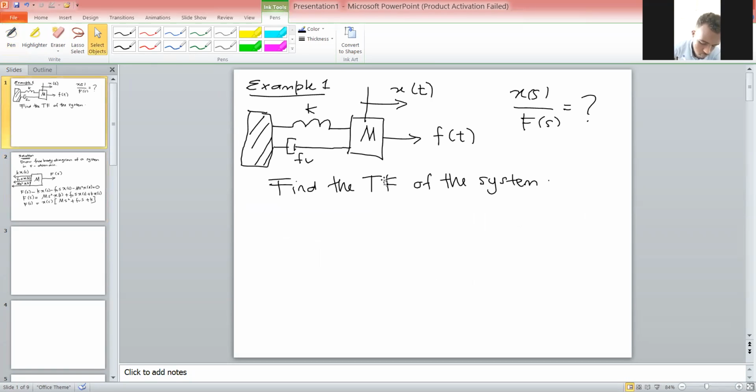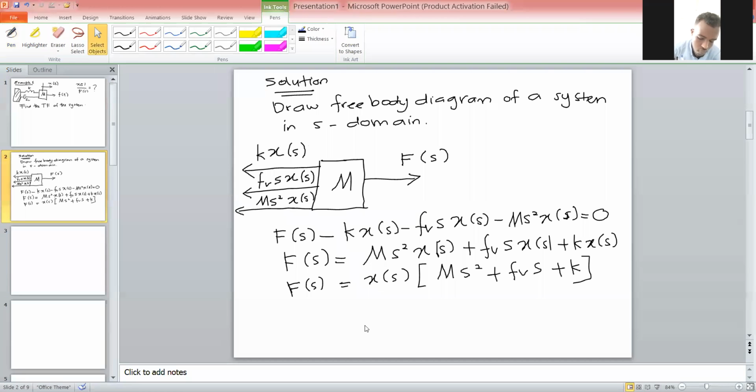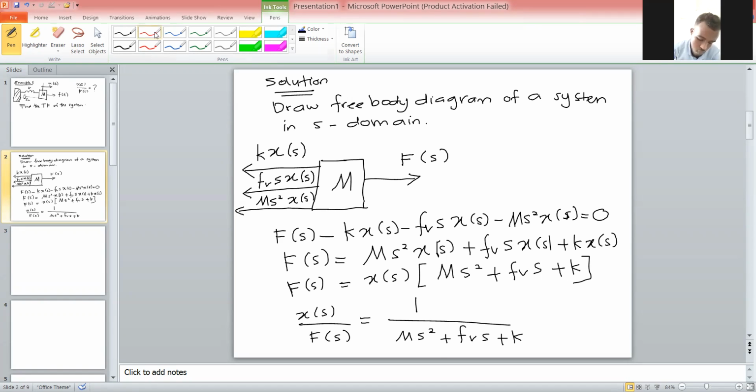What the question wants is the transfer function, which is XS over FS. So XS over FS equals 1 over M S squared plus FV S plus K. This is the answer, the transfer function.